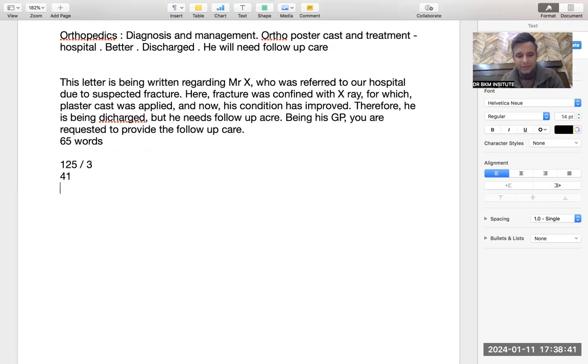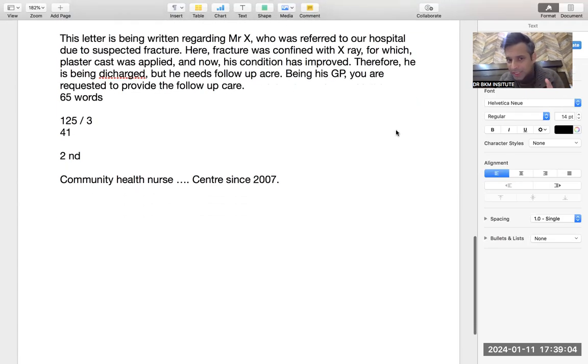Then the second letter, which I think was the letter of today. There was a specific point in this letter. What was happening in today's letter that we have provided you? You are a community health nurse, and the patient has been coming to your center since 2007. You need to understand the story. The first paragraph is all about making a story.